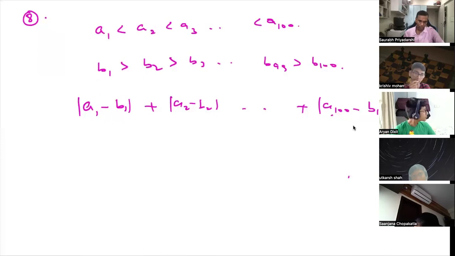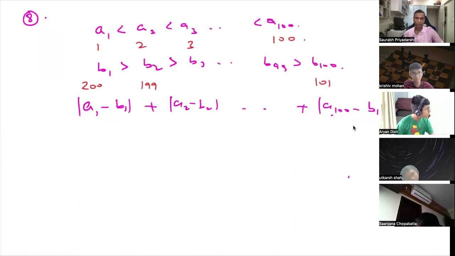So the only thing we have to assume is that this distribution is possible with this only, and this is up to 100, right?